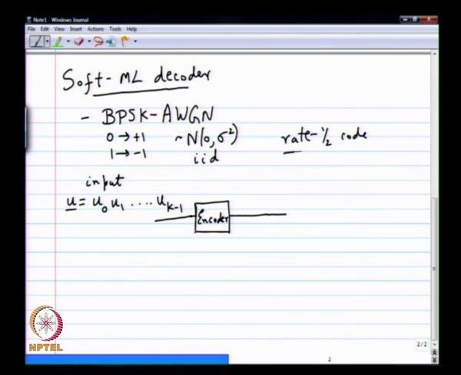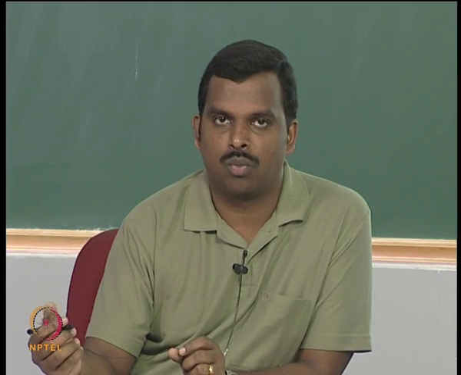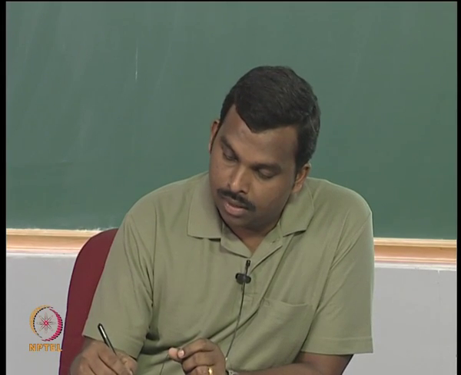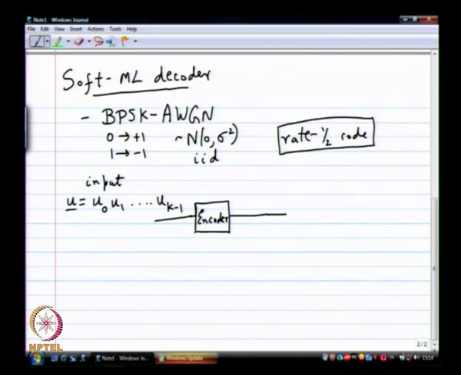If you have a rate 1/4 code or 1/5 code, it is easy to extend this. So for each input bit there will be 2 output bits. One of them I will denote as V10, and the other one is V20. The output will be the code word, which I will call C.